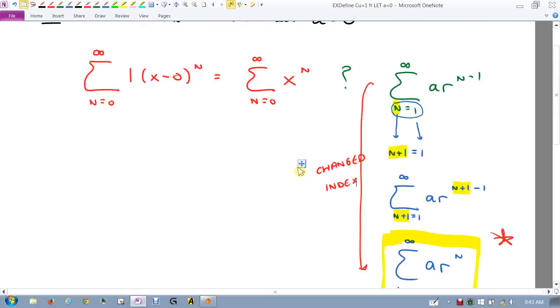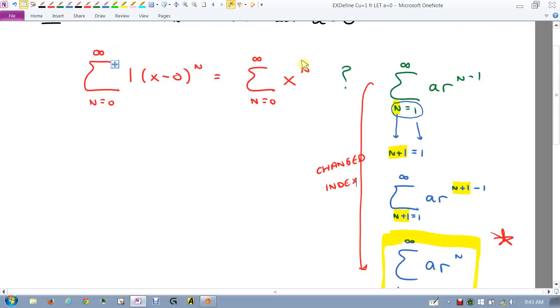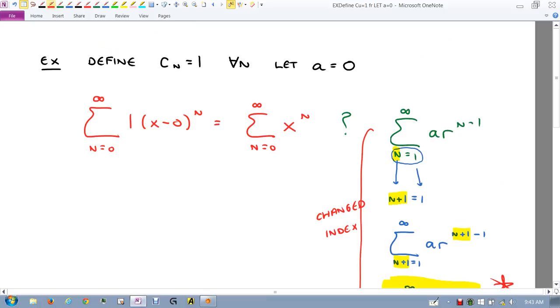And I did that because I was trying to see if there was a relationship between these two. Is this series similar to this? Yes? What would the a be for us? 1. And then what's the thing controlled by n? The x is like the r, isn't it? So what we need to realize now when we look at this up here is that this series is a geometric series, right?